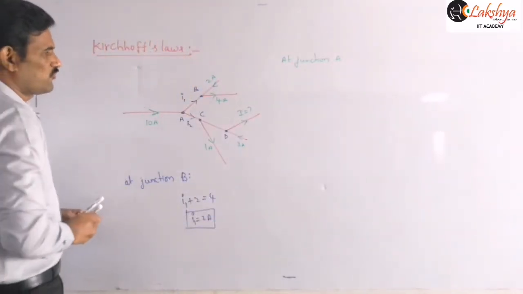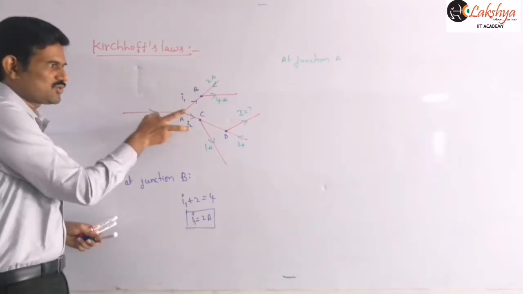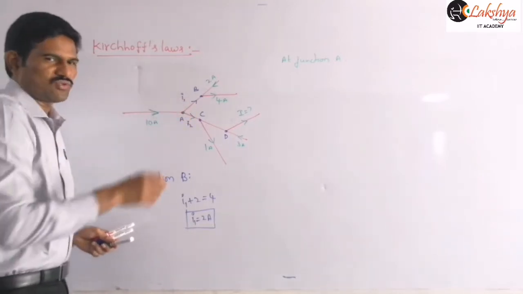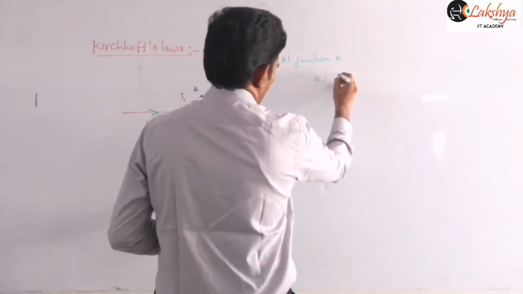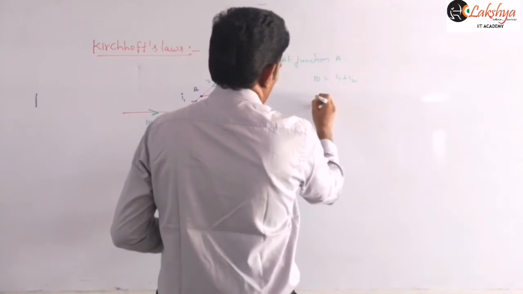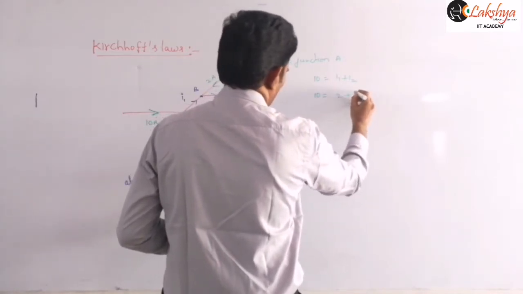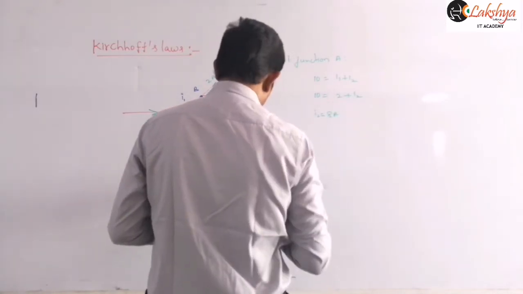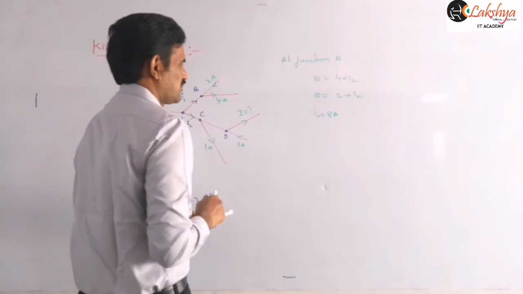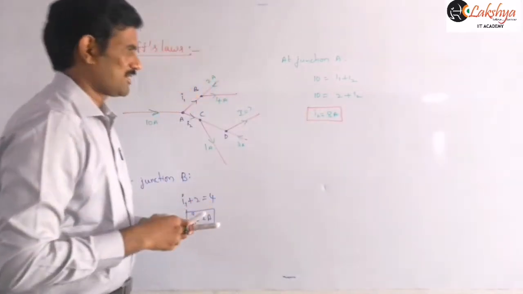Current flowing into the junction is equal to current flowing out of the junction. So 10 amperes is flowing into the junction. I1 and I2 are flowing out of the junction. So I can write 10 is equal to I1 plus I2. So 10 is equal to I1, which we already calculated as 2, plus I2. Therefore I2 is equal to 8 amperes. So that is the current flowing between A and C. So that is 8 amperes.